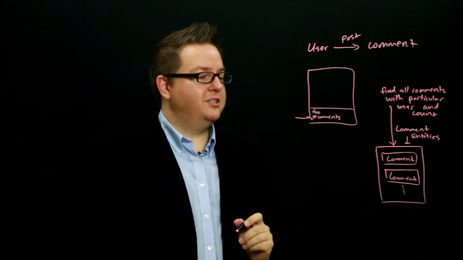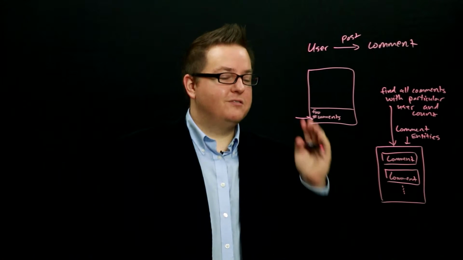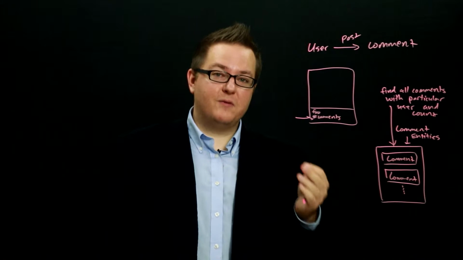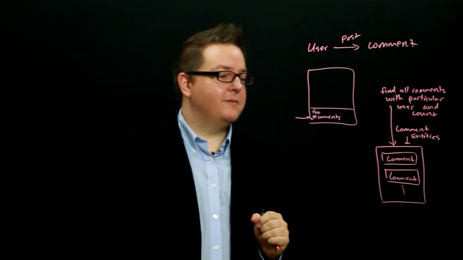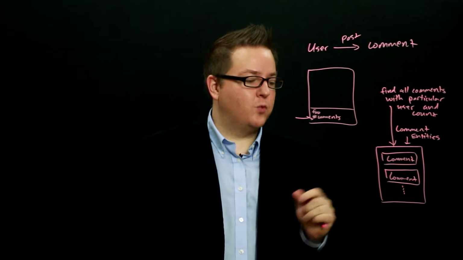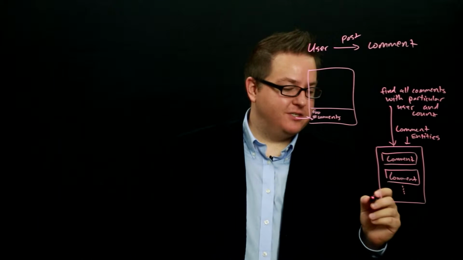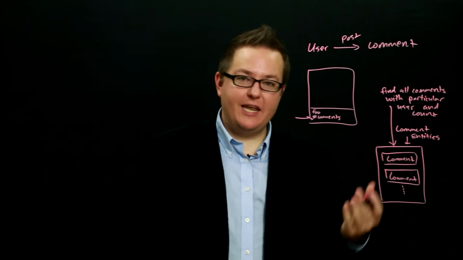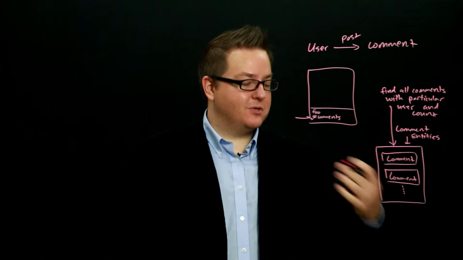So as you can see, this is an operation that is very cheap from a write perspective and very expensive from a read perspective. If I want to write and add a comment, then what I have to do is just create a new instance of a comment object and store it so it's persisted.